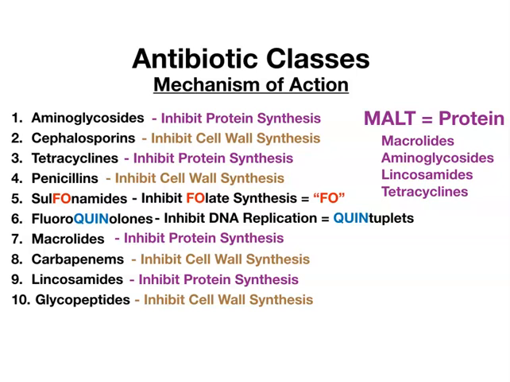So basically, we have interference with cell wall synthesis, protein synthesis, and DNA replication. Some act as metabolites that disrupt critical reactions inside the cell. A lot of different ways to go after bacteria, and it goes based on the bacteria's susceptibility.